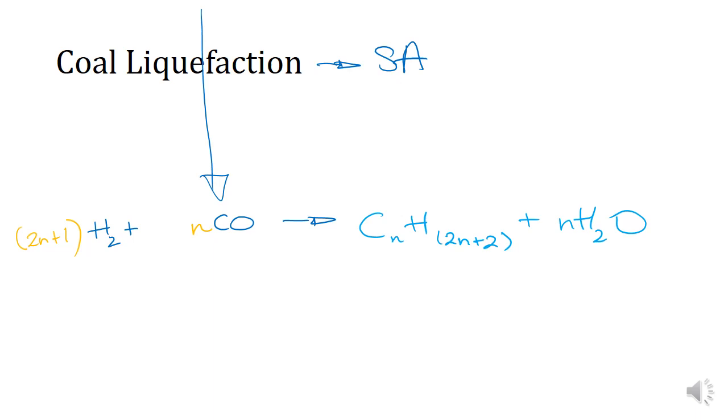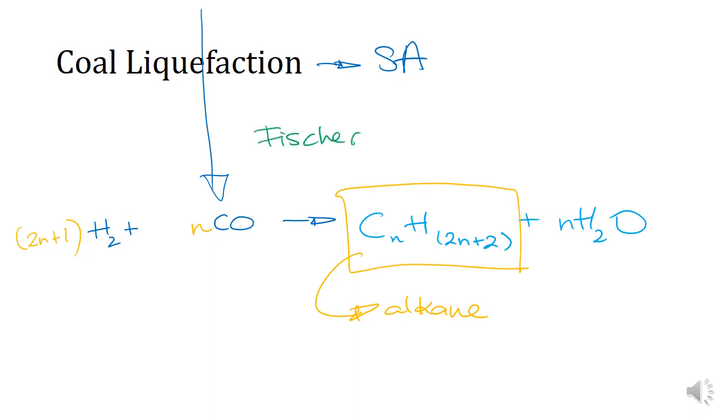So hopefully you remember from organic chem, this is an alkane. Using this process, which is called the Fischer-Tropsch process, we need catalysts, so it's either iron or cobalt.